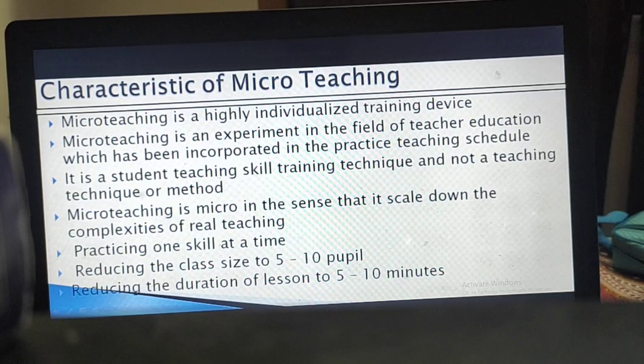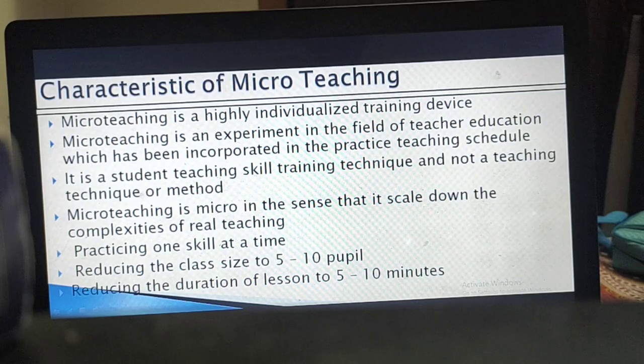After the teaching is completed, the observer notes down his or her faults and gives immediate feedback.